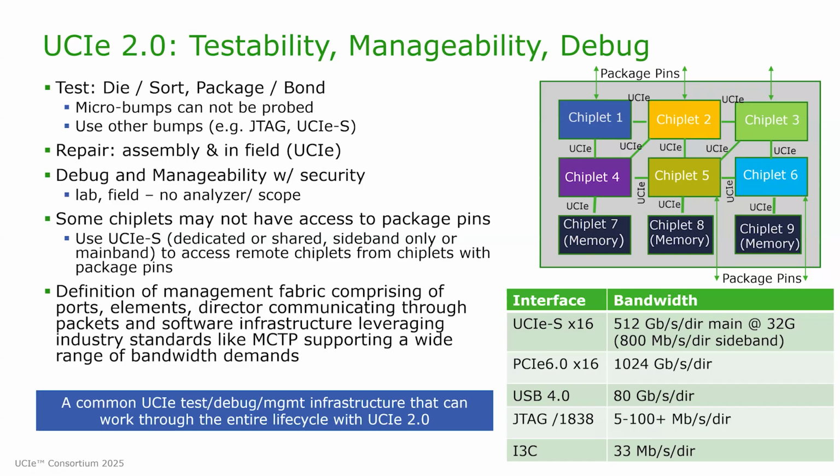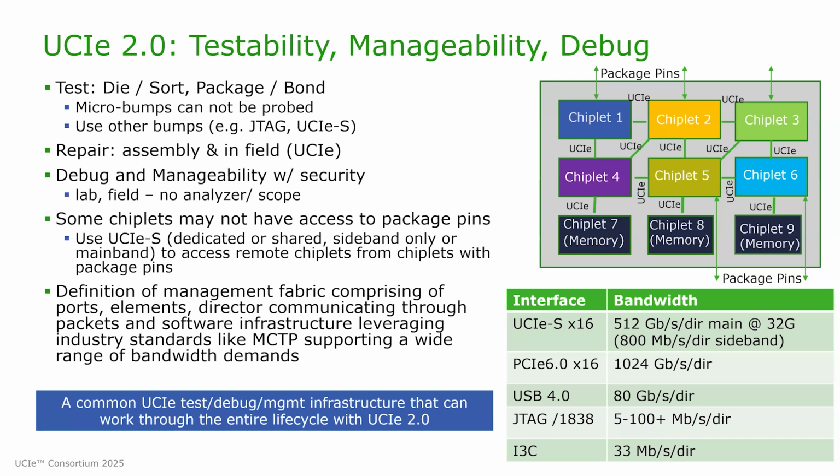You have a wide range of scan chain bandwidth demand depending on what chiplet it is, and a wide range of debug bandwidth demand at runtime. So the table here lists some of the bandwidths that are available, and these are there to satisfy that demand. So you can do things in a scalable manner, not just inside the package using UCIe, but also deal with the interface outside of the package at the platform level.